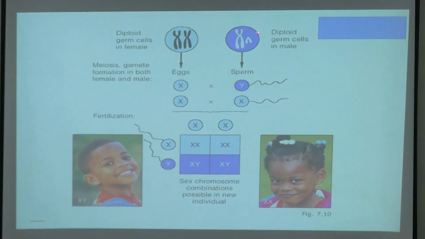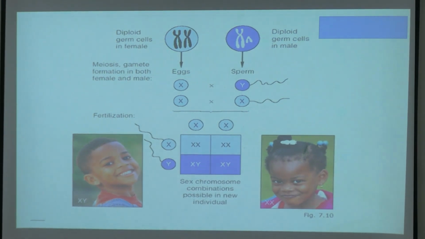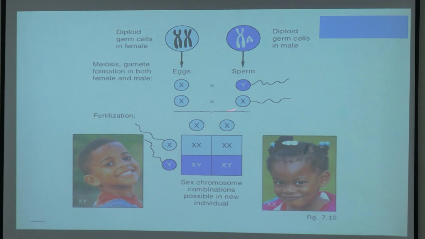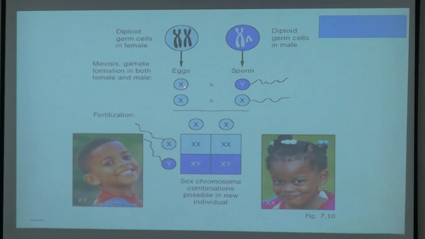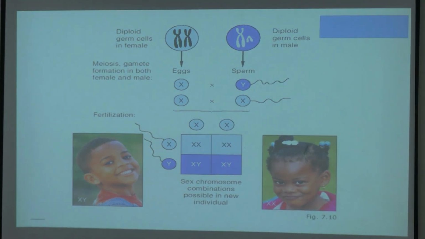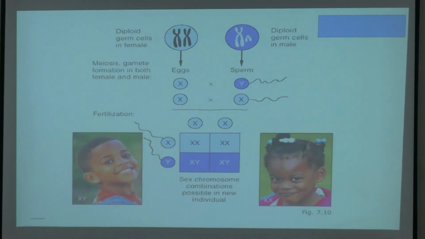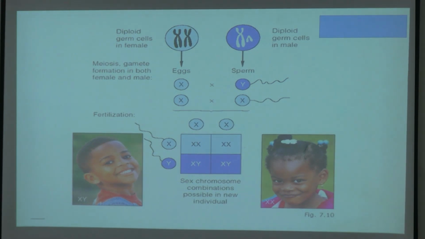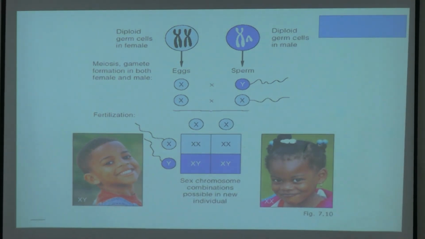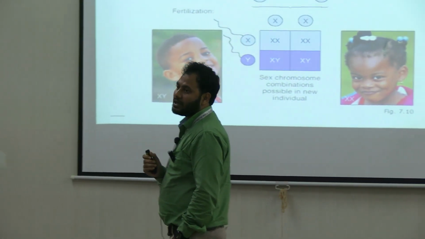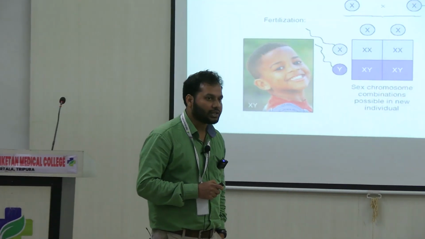And the male germ cells are XY, that is heterozygous. So during gametogenesis, the female germ cells produce homozygous XX, and the male germ cells produce heterozygous XY.